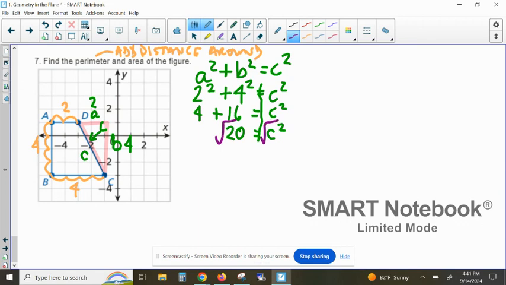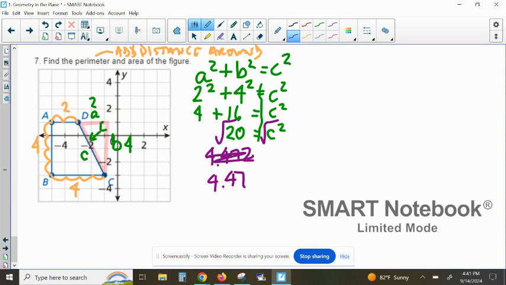So use your second x squared. Second x squared, 20 equals, and in my calculator I get 4.472 blah blah blah. Okay, let's just round this to 4.47 because the directions don't say what to round it to, so I'm just going to do 4.47.